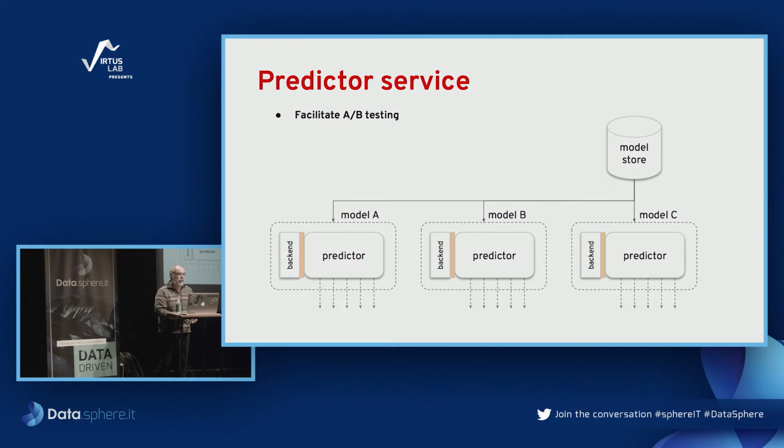I also mentioned A/B testing, and that's quite useful with this kind of architecture. For instance, let's assume you wanted to implement a custom prediction algorithm with the Spark off-the-shelf ALS, say with some post-processing on the data.